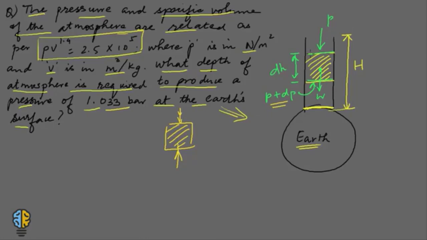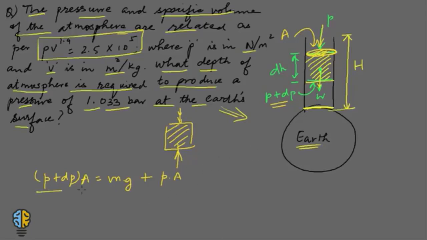Let us say the area is capital A. So this becomes P plus dP into A. This is the upward force, is equal to, you have a downward force which is W, which is nothing but mass into gravity, plus the pressure force from the top, which is P into A. So this is what you get.